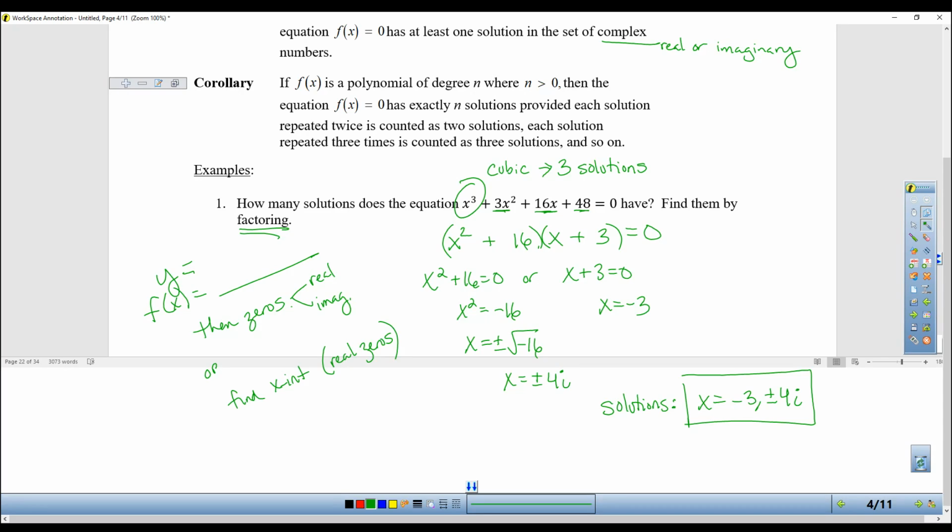Those are all the solutions. But if it said how many real solutions does it have, it would only have 1. So I won't ever ask you vocabulary on a quiz or a test, but by default you have to know it, because if I say find all the real zeros or find the real solutions and you gave me all of these, that's going to be wrong.